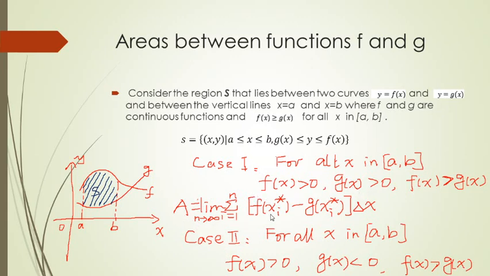The height still is the difference between the two functions, f and g. And in case 2, when f is positive and g is negative, the area A is still the same formula. Again, the height will be the difference of those two.